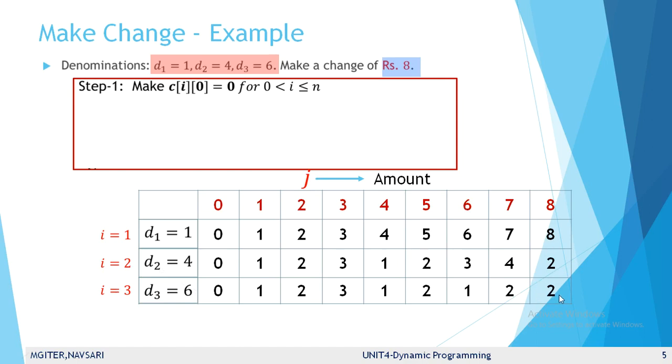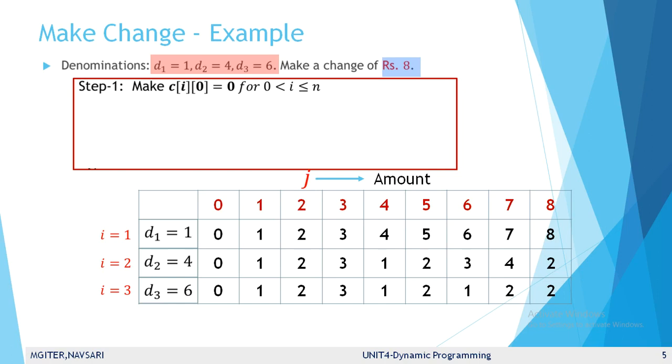And for 8 rupees we use 2 coins here. Now the solution is here: the minimum of C of 3, 8 is equal to 2. That represents the minimum number of coins required to get the change of 8 rupees.